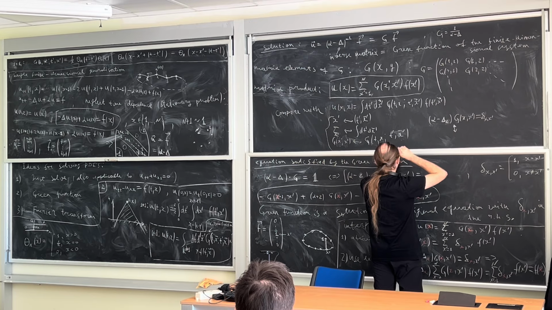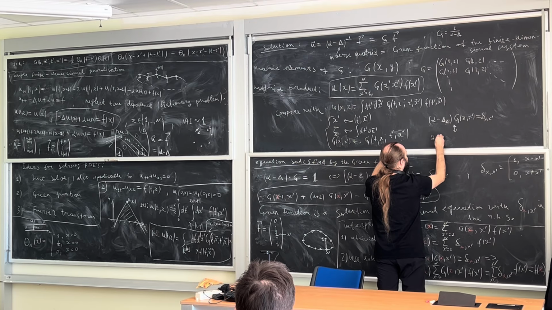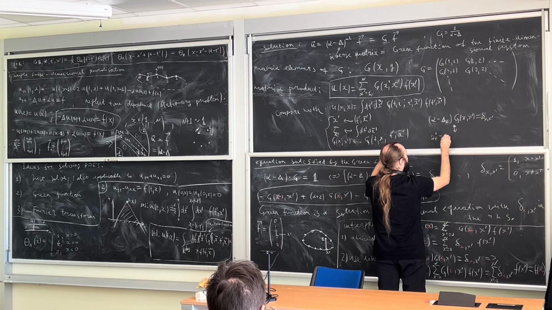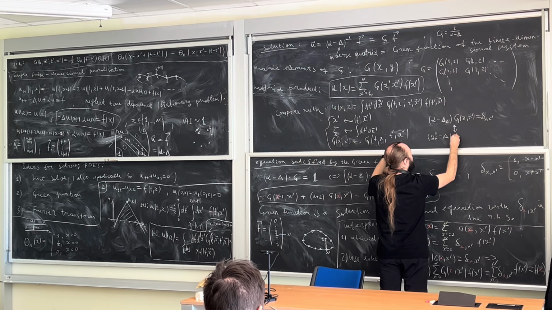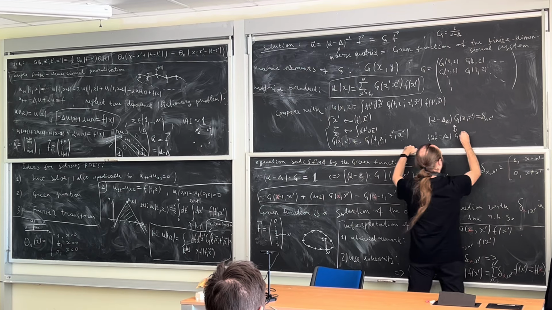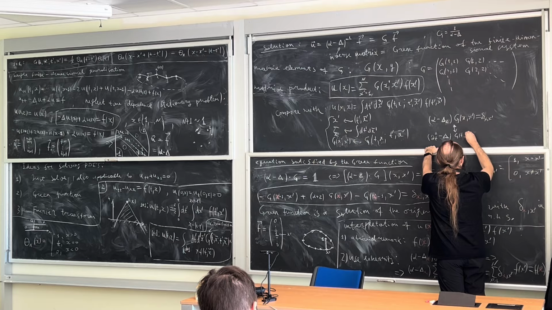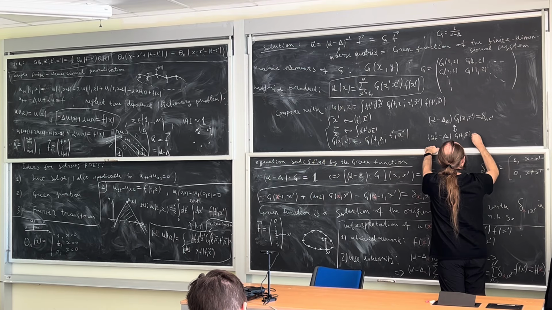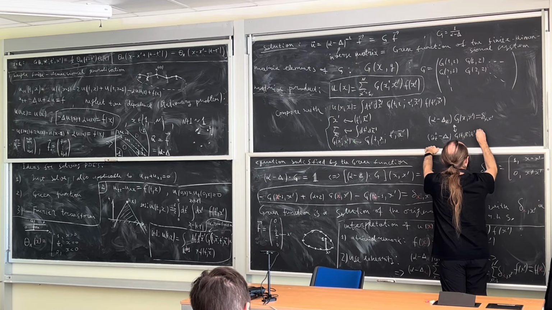So in this case, it will be dt squared minus Laplacian, g of t x, t prime x prime.